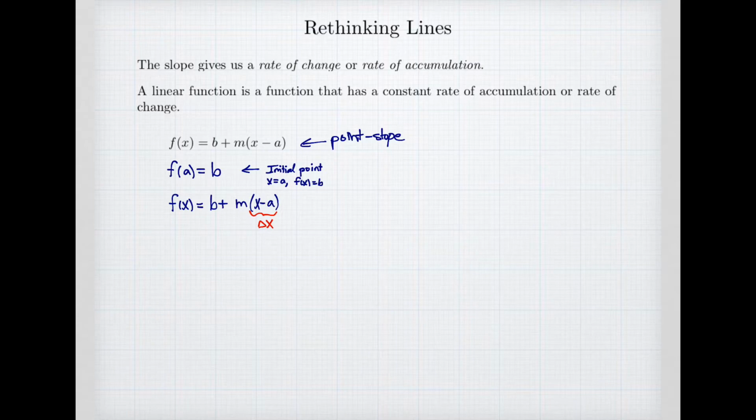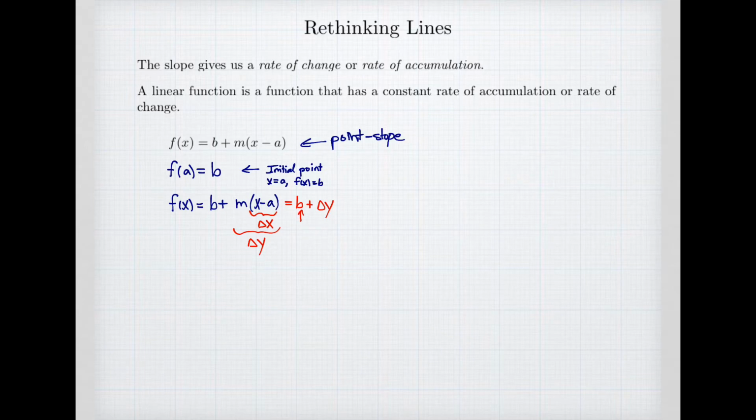I'm finding my delta x. And so when I multiply by my slope, I'm taking the delta x times the rise over the run, the rate of change, and that gives me the change in the output. And so my function is an initial value plus the total change.